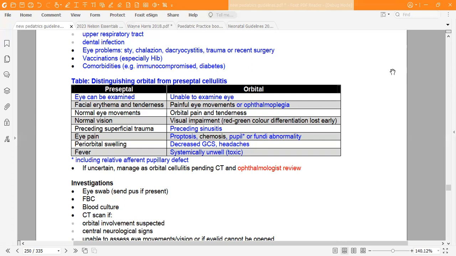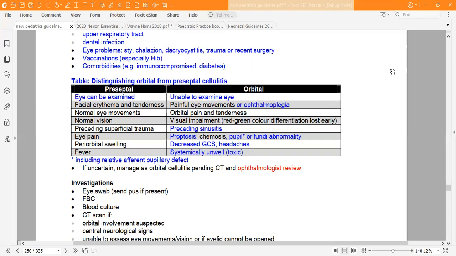Affection of the pupil in orbital cellulitis means pupillary affection in many ways. Maybe visual field defect, accommodation, and light reflex as well may be affected.